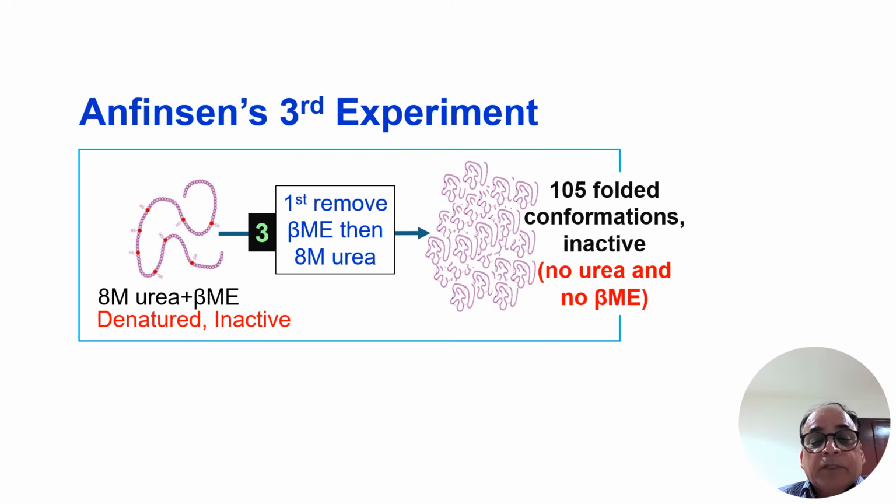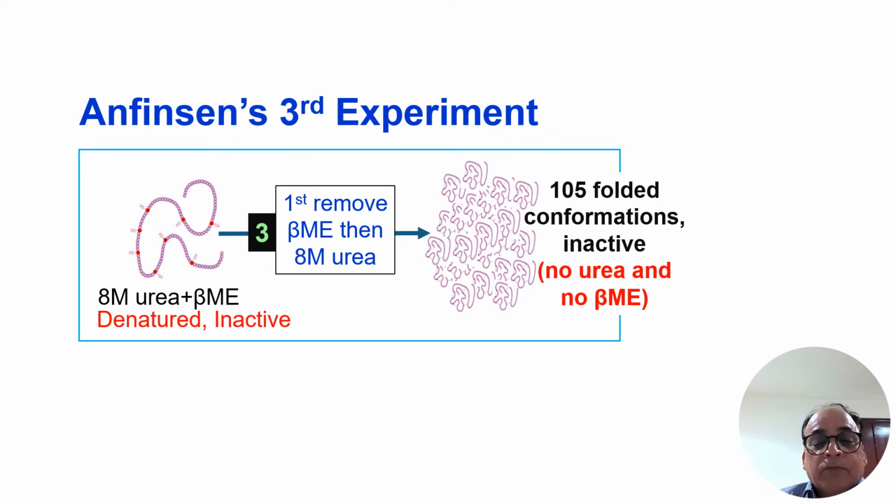He then removed 8 molar urea, which will not impact the S-S bond already formed in this sample. So in this sample there is no urea, there is no beta mercaptoethanol. However, the enzyme activity was almost zero.